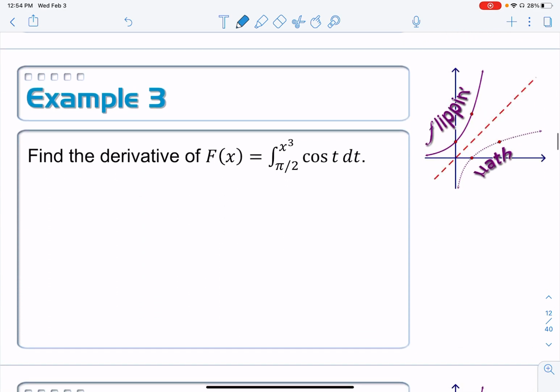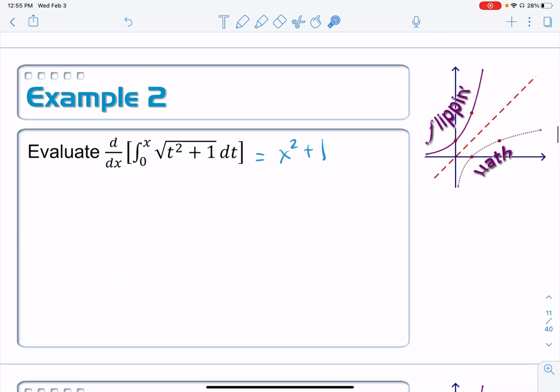All right, one that is just a tiny bit more challenging. Find the derivative of f of x is equal to the definite integral from pi over 2 to x cubed of cosine t dt. Notice that essentially what we have here is a composite function because we have x cubed plugged into the place where x was supposed to be.